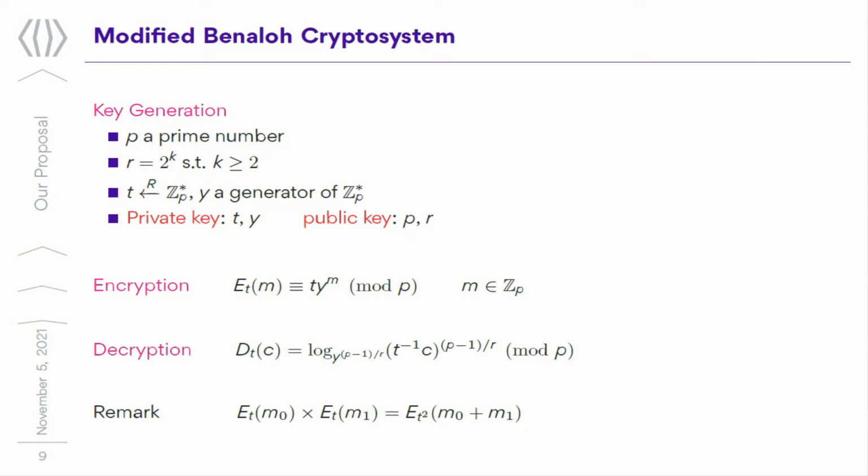And we can see that when we multiply the encryption of M0 with the encryption of M1, the result is the encryption of M0 plus M1, the addition property that we wanted to keep.